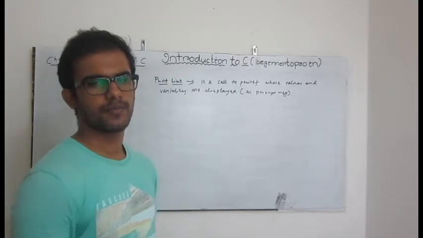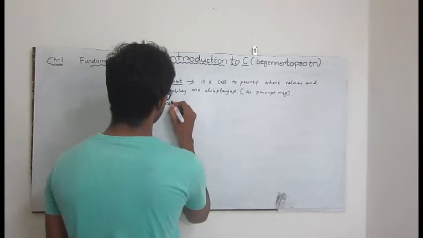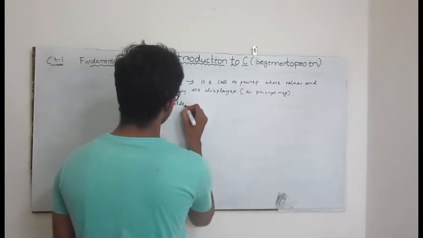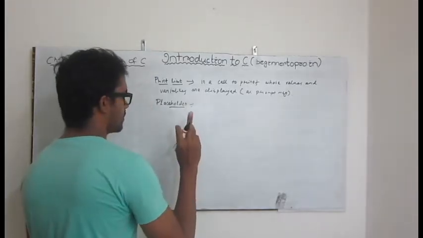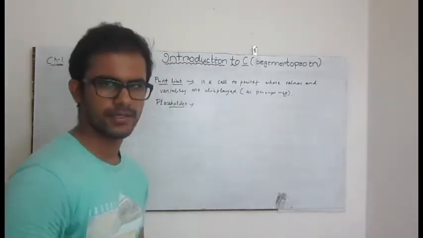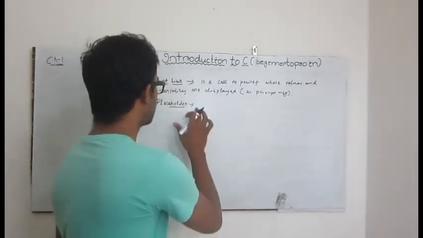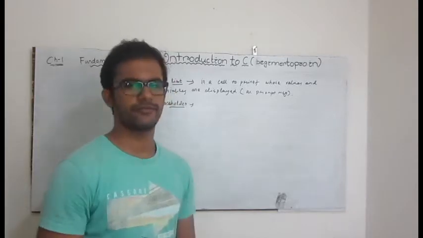Our next point will be placeholder. Placeholder means a pointer or a cursor at a certain point, in short. I will define the theory of that.